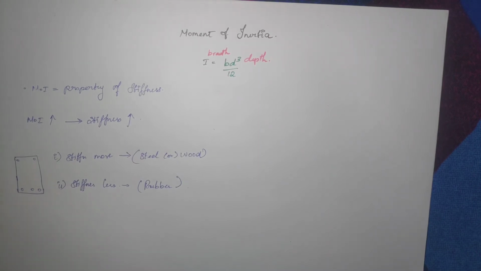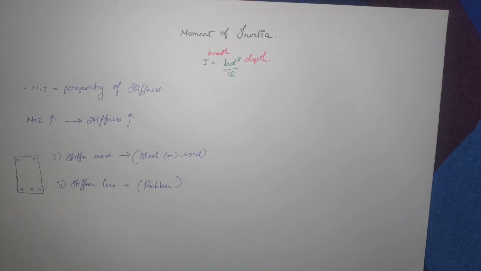Let's think of a column made of rubber, and if you go and stand on the column, what will happen? It will just bend and fail. At some point it starts to tear, it starts to yield. At the same time, if you stand on wood or some material which is more stiff, what will happen?